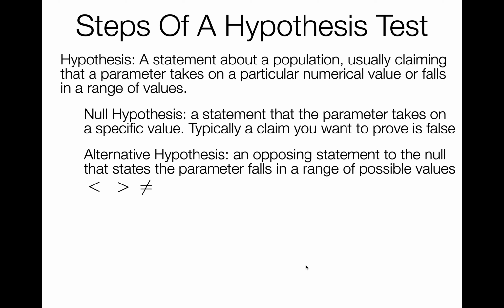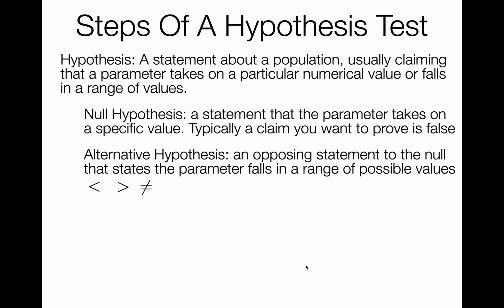So the alternative hypothesis for that first example, unfair, is that you can be unfair in two directions. It could be really low, the probability of success could be really low, or it could be really high. And so my alternative hypothesis in math or statistical terms would be that p is not 0.5, which translates to p is not equal to 0.5.